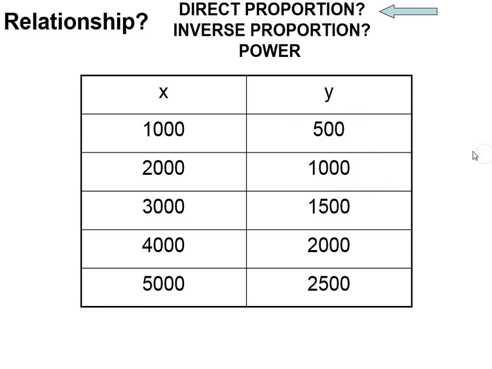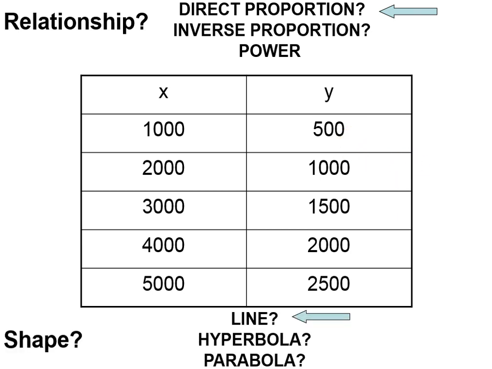That is the signature, the characteristic of a direct proportion. If we plotted this, we would see a line. The line would have a positive slope. That means it's sloping up. Take a moment and think about what the slope would actually be for this graph.